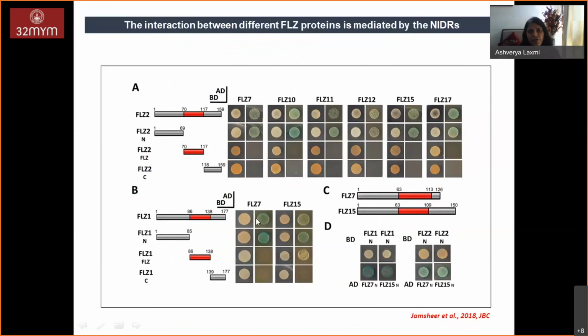This interaction was also carried out by N-terminal IDRs. So this suggests that these IDRs, along with the FLJ domain, are very important for making these proteins scaffold proteins, because it enhances the binding repertoire of the FLJ protein as such.